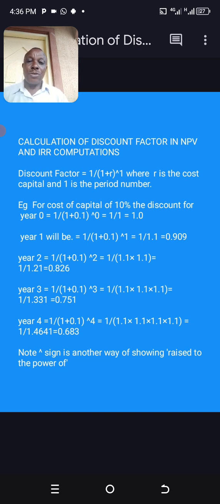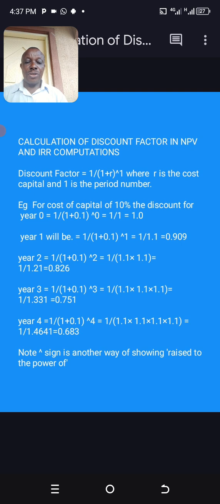Now, let's go to year 1. Applying the formula in year 1, we have 1 over (1 plus 10%, which is the same as 0.1), raised to the power 1.